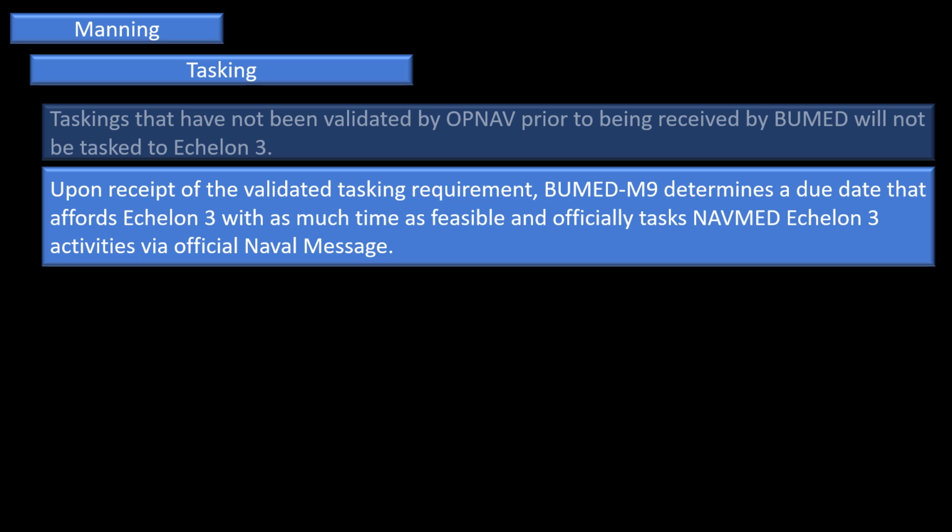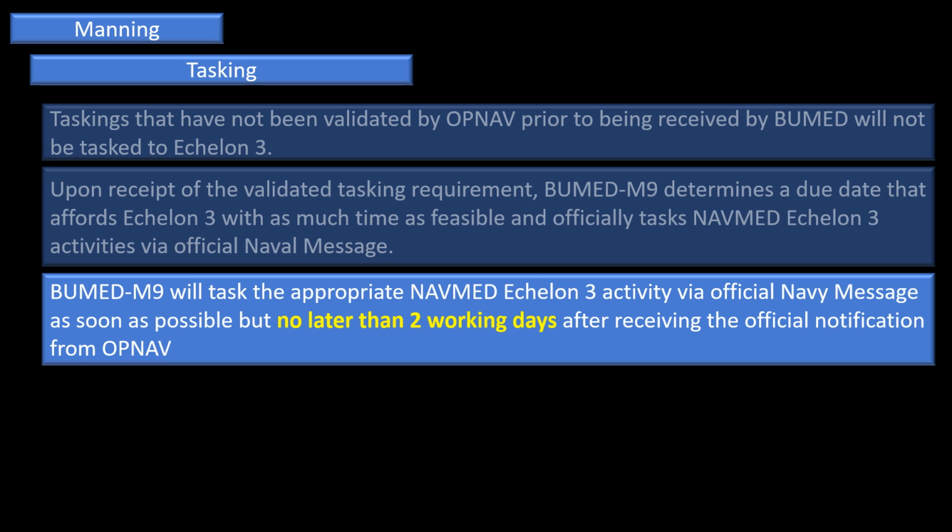So BUMED M9 will receive it, pick a due date, and task it down to the Echelon 3s, which is either going to be Navy Medicine West or Navy Medicine East. They're going to do that via official message, and then the Echelon 3 is going to reach down to their sourcing commands and try to man this thing. BUMED M9 will task the appropriate NAVMED Echelon 3 activity via official naval message as soon as possible, but no later than 2 working days after receiving the official notification from OPNAV.